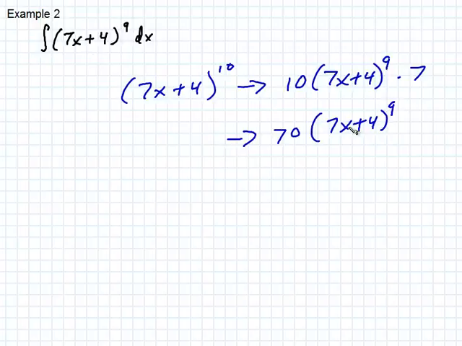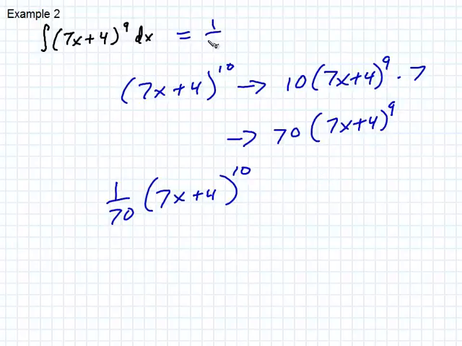That's not what we're looking for. So what I need to say is 1/70th of 7x plus 4 to the 10th, because that will then cancel this extra stuff we have here, and that'll give us what we're looking for. So that's going to be the antiderivative. It's 1/70th of 7x plus 4 to the 10th plus a constant.